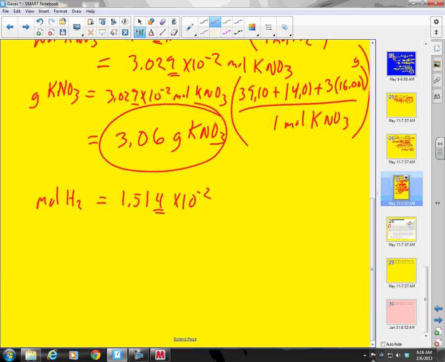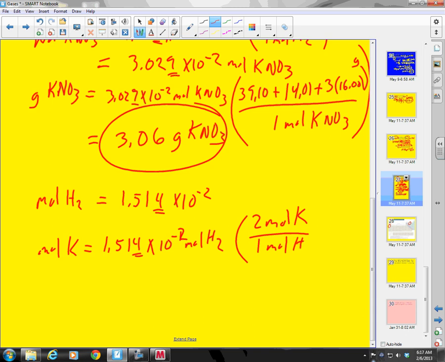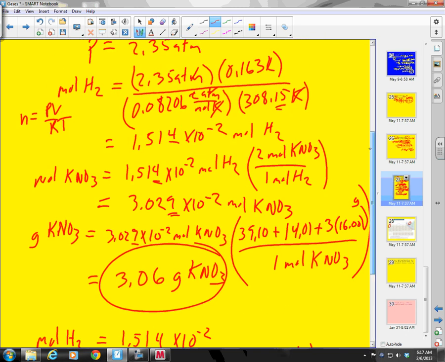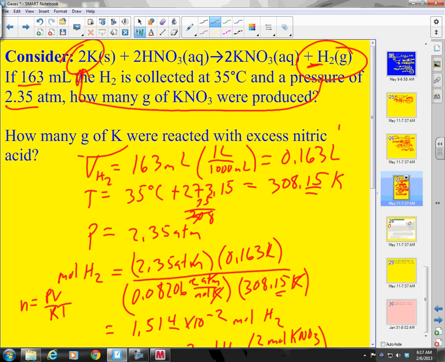Okay, so then moles of K equals 1.514 times 10 to the minus 2 moles of H2 times 2 moles of K per 1 mole of H2, right? When we go back and check, 1 mole of H2, 2 moles of K. Yep.